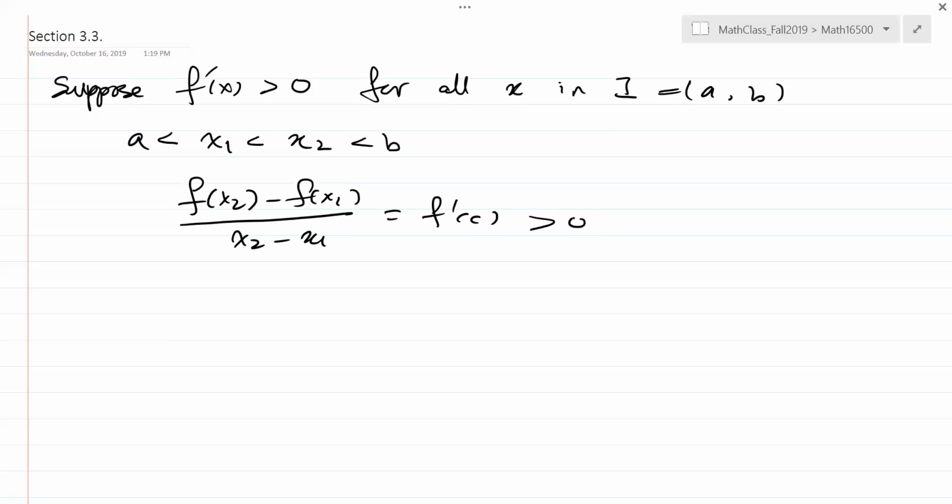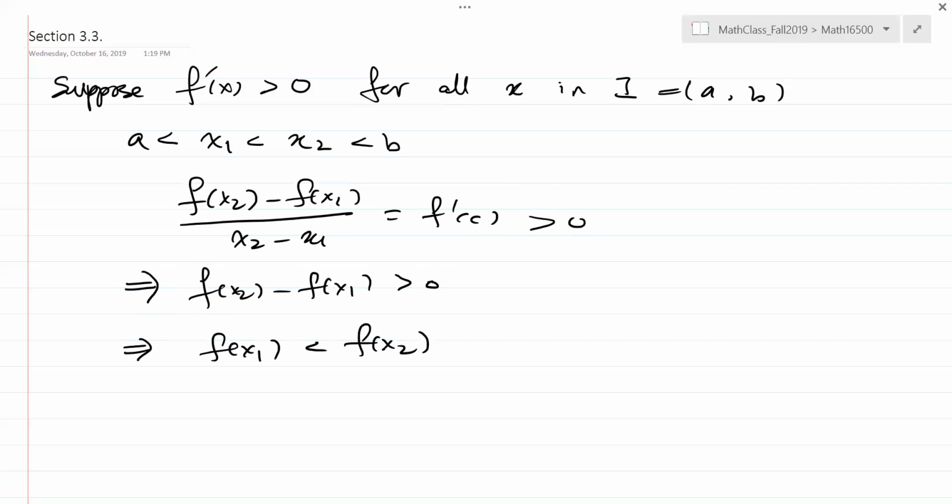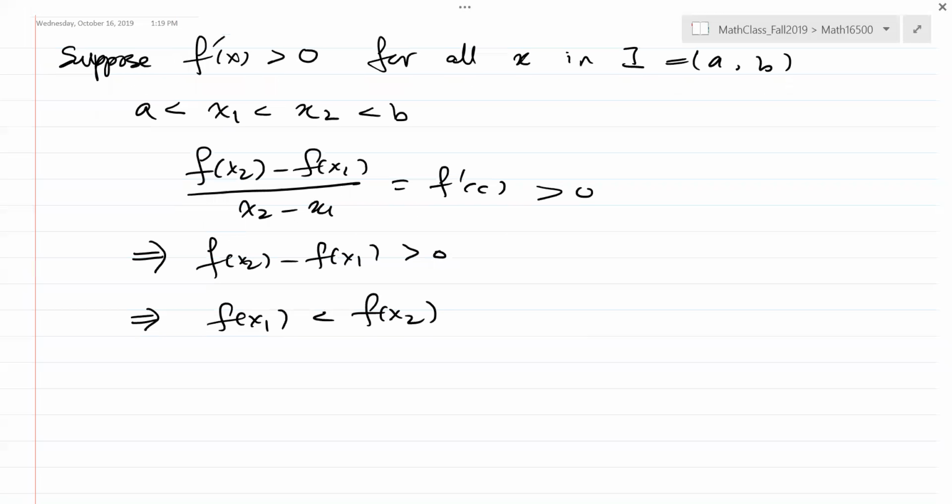That means f of x2 minus f of x1 is positive, so f of x1 is less than f of x2. So if the derivative is positive, then the value of the function increases as x increases.